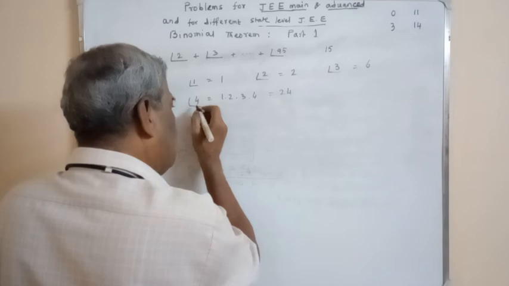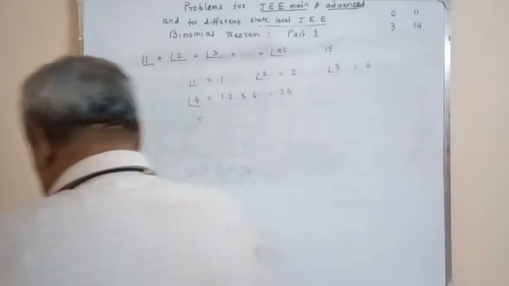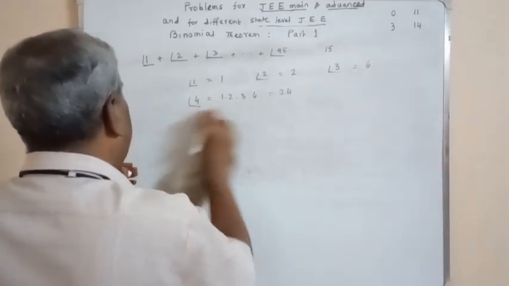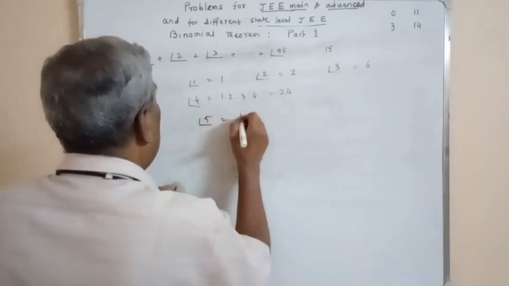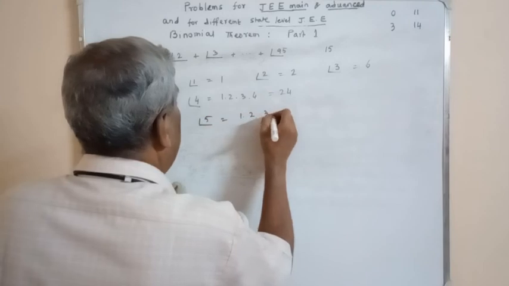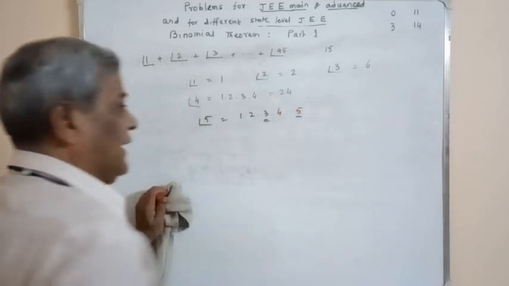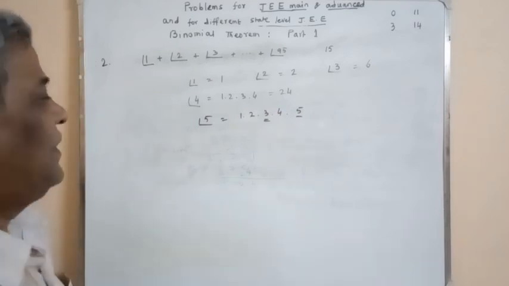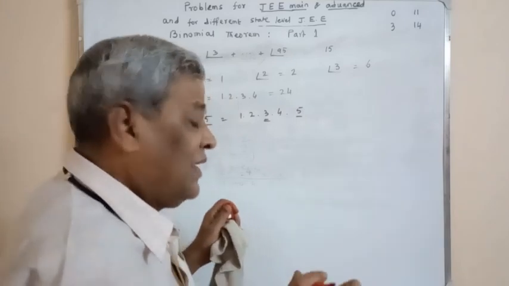After factorial 4, factorial 5 is equal to 1 into 2 into 3 into 4 into 5. 3 and 5 are two factors, so it is divisible by 15. Factorial 5 is completely divisible by 15.